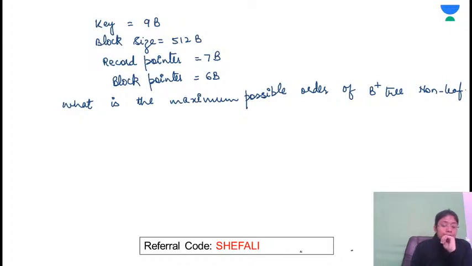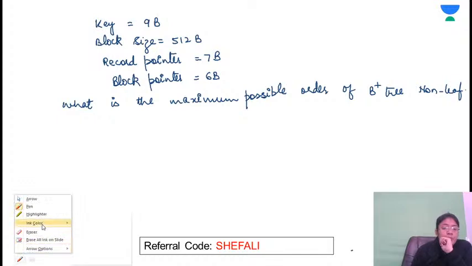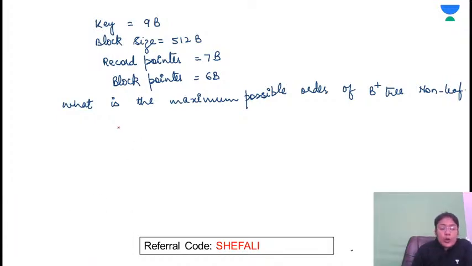Anybody got the answer? What is the structure of the non-leaf node of the B plus tree? It does not contain any record pointers. So if the order is P, it will have P block pointers and P minus 1 keys only, and this should be less than or equal to the block size.